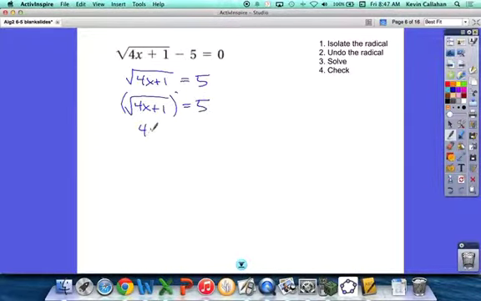So now we've got 4x plus 1 equals 25. 4x equals 24. x equals 6. That problem's too similar to the first problem.